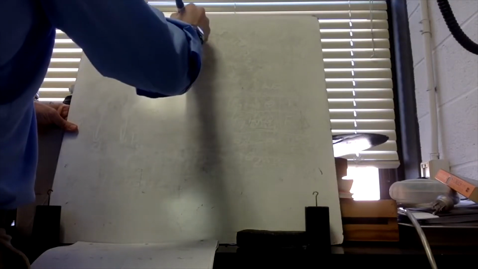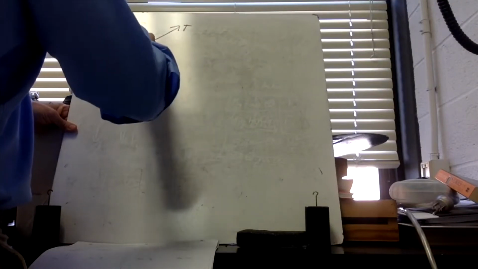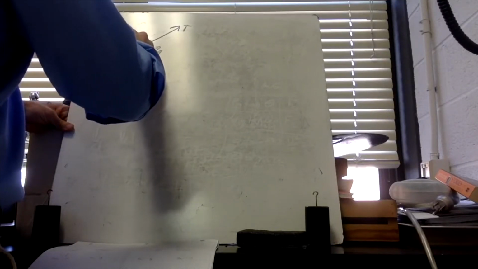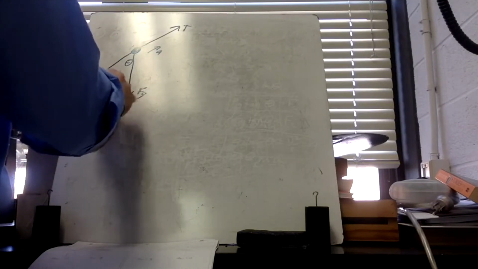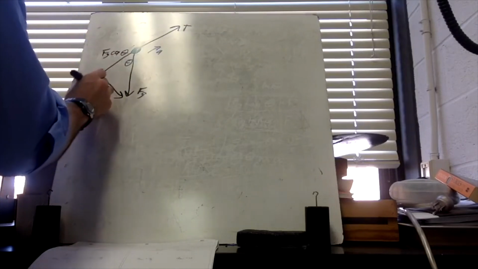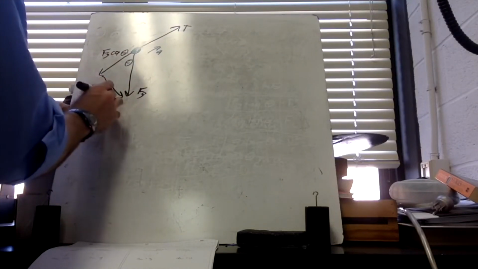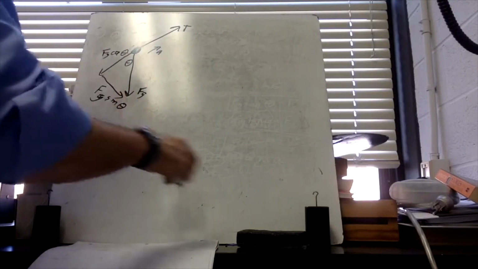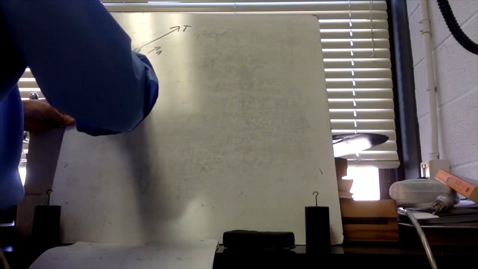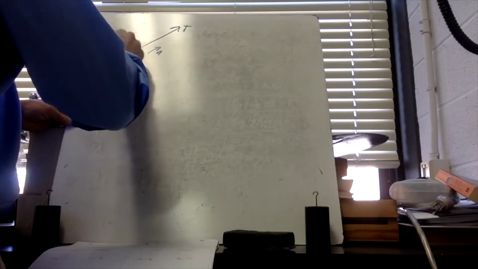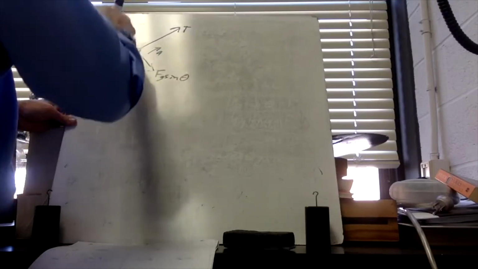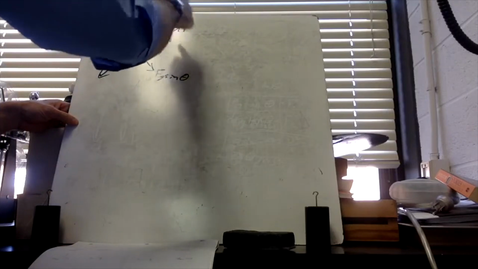Here's the tension and the direction of the acceleration, and here's the force of gravity. If this is some angle theta, then this is Fg cosine theta, and this is Fg sine theta. Again, theta is the angle with the vertical that it's making here as well.